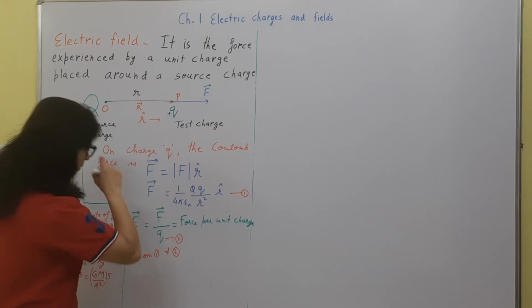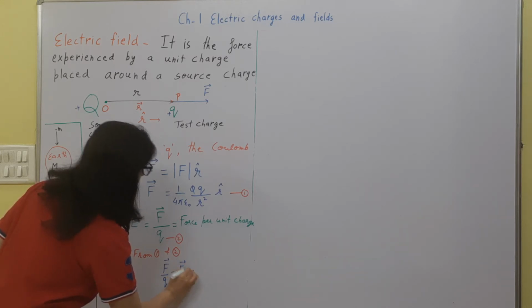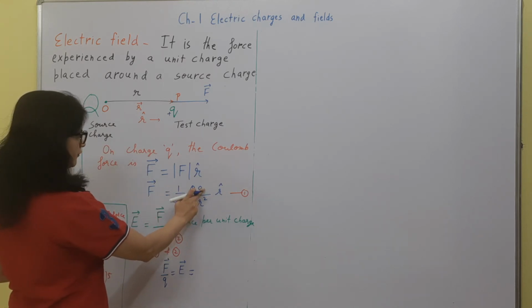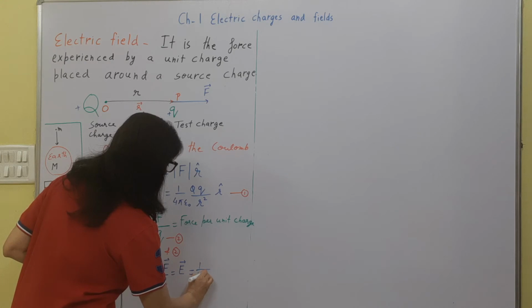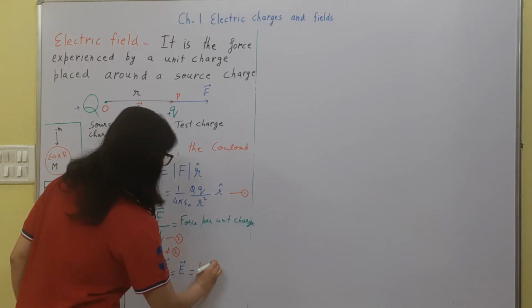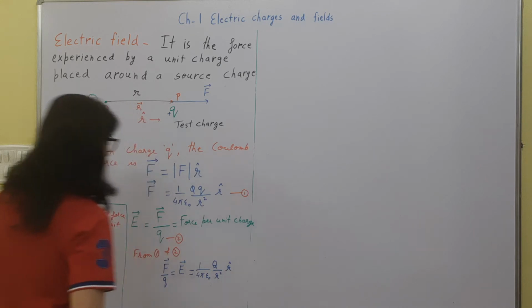I'll get F upon Q, that is the electric field. From here, if I take this in the denominator, I'll get 1 by 4 pi epsilon naught Q upon R square into R cap.